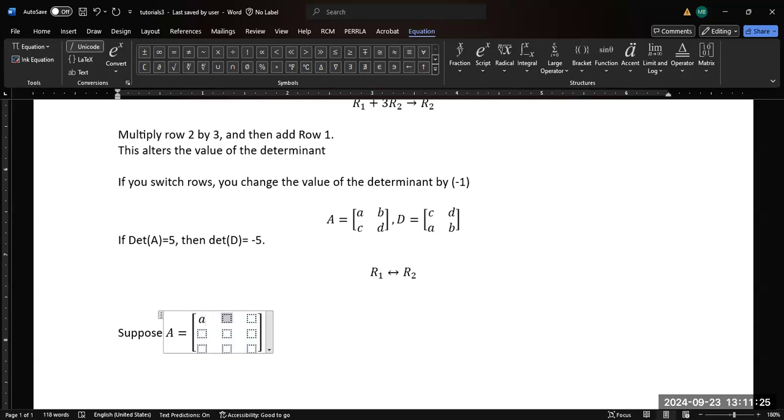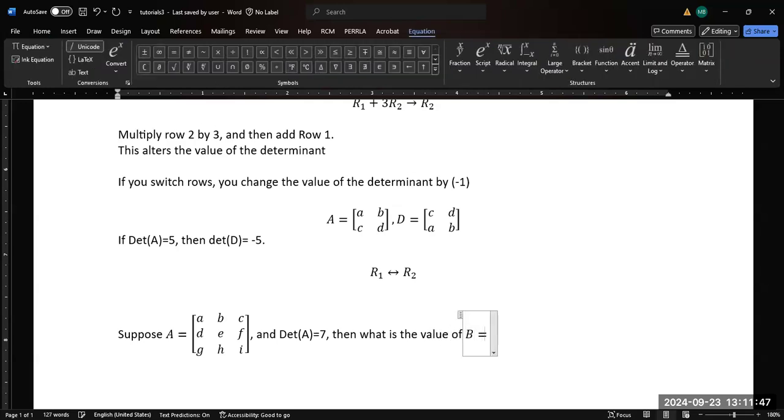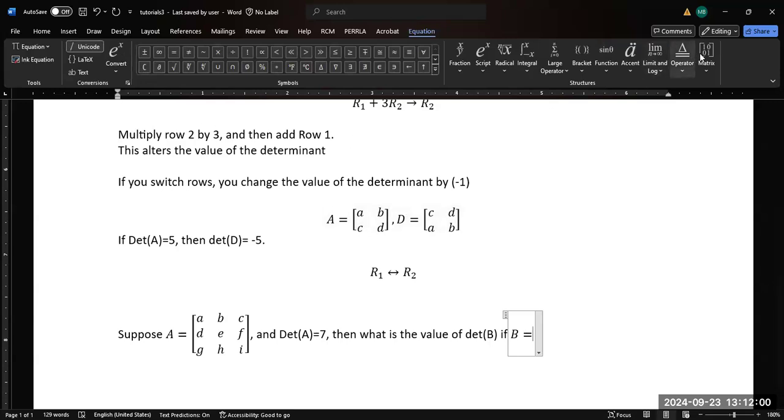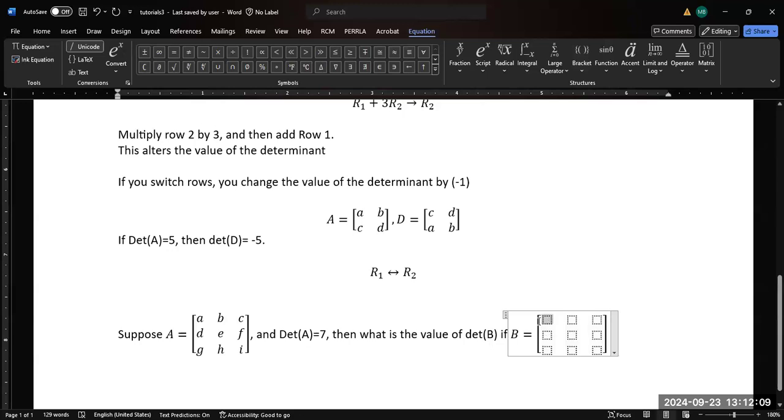So I've got A, B, C, D, E, F, G, H, I. And that det A is equal to 7, then what is the value of det B if B equals, and then they'll perform some row operation.